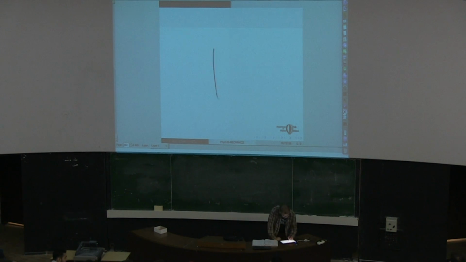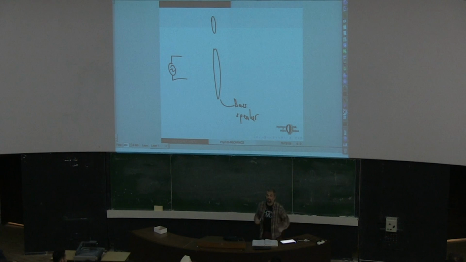So here is the bass speaker. Here you will have a smaller one, and then you have your signal. From whichever source you get it, from some radio receiver, from some microphone. This is your time-dependent current.